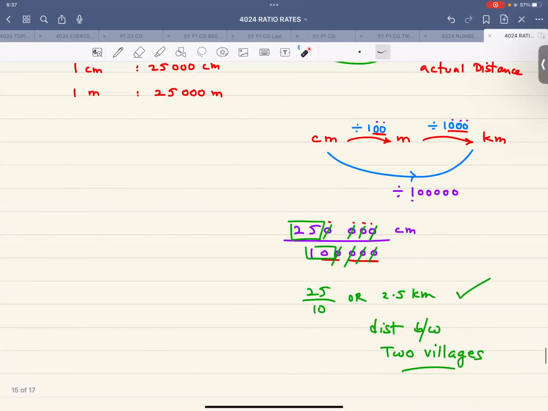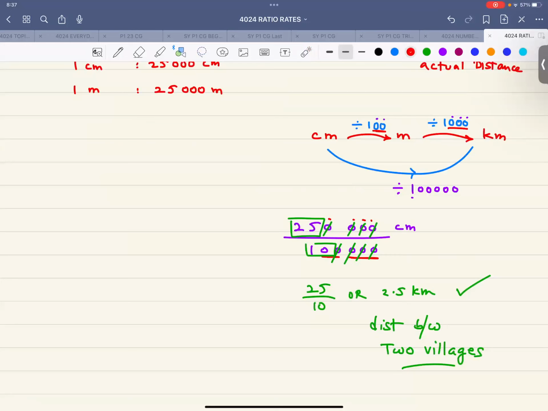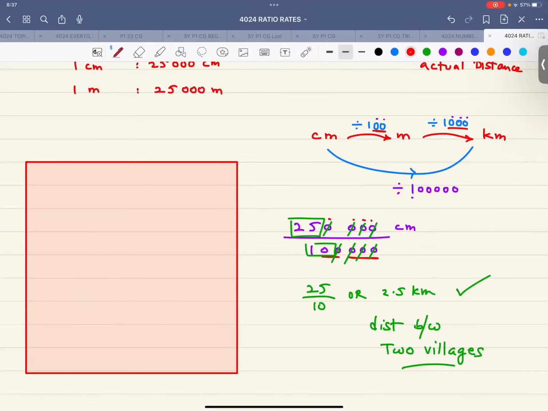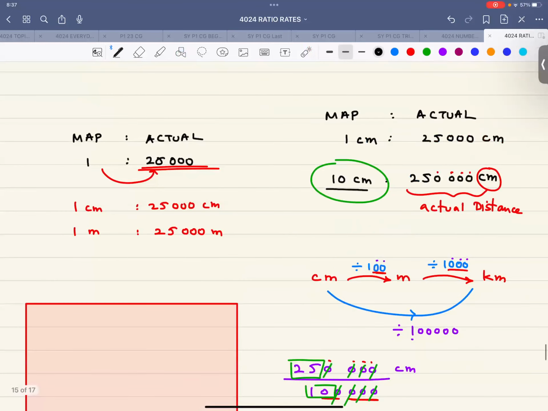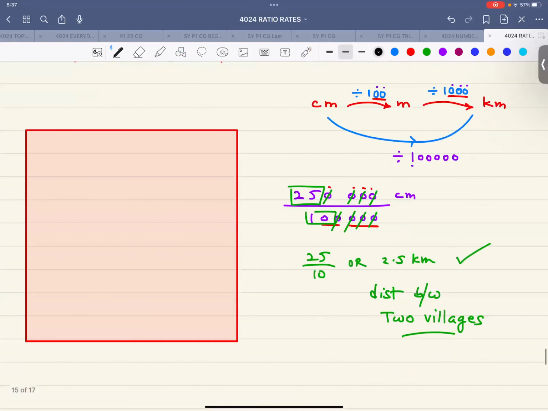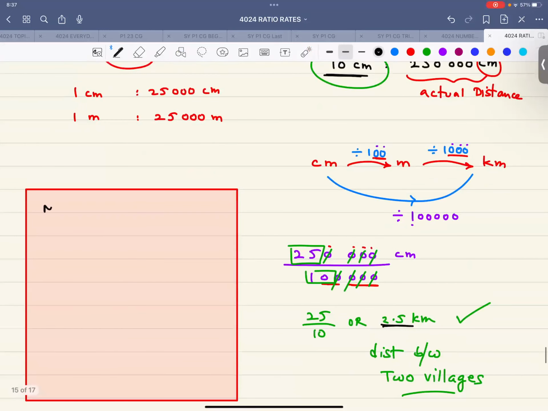Now, let me do one more thing. Let me also work out this question, which we just did, in a different way. That means I'm changing the question. Let's say the question was 10 centimeter equals 2.5 kilometer. So map versus actual. 10 centimeter equals 2.5 kilometers.